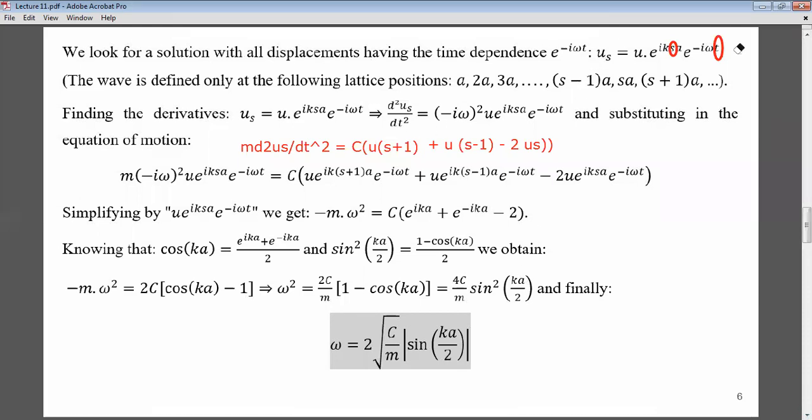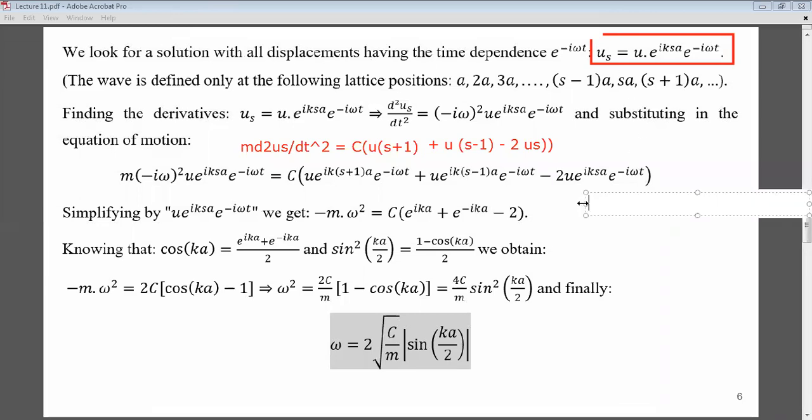Now, I will come here to U(s). U(s) is e^(i k s a) e^(-i omega t). What is U(s+1)? From U(s), if I want to calculate U(s+1), what will it be? It will be U e^(i k (s+1) a) e^(-i omega t).